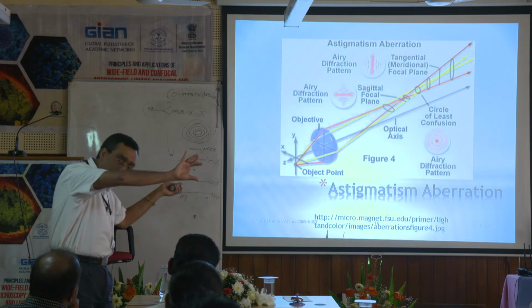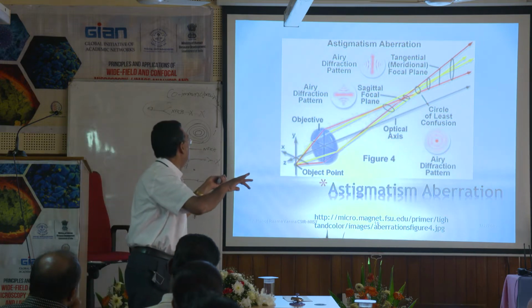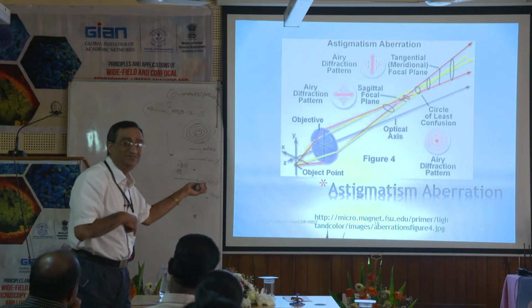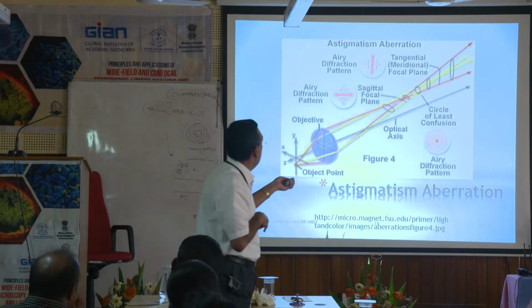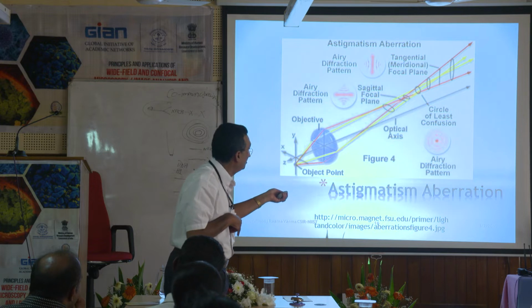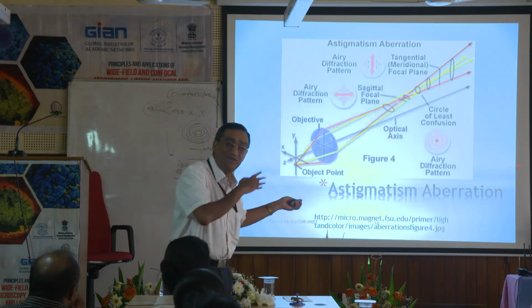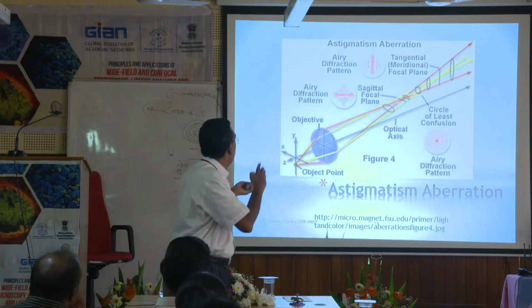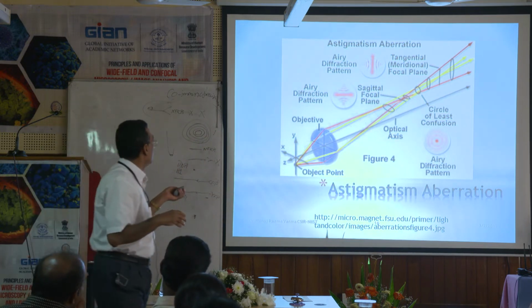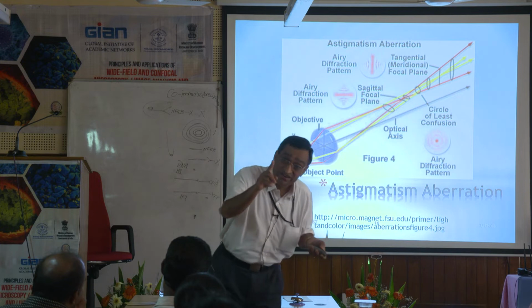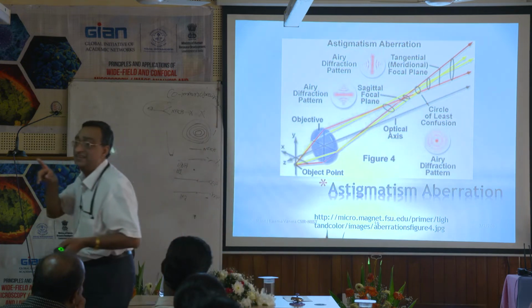Look, it looks like the image is rotated by 90 degrees. And in the plane of the circle of least confusion, it looks like an Airy disk. So between the sagittal focal plane and the tangential focal plane, you have a point called the circle of least confusion, where you will get that image.